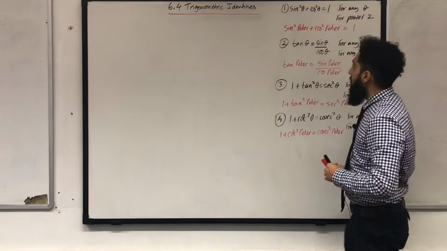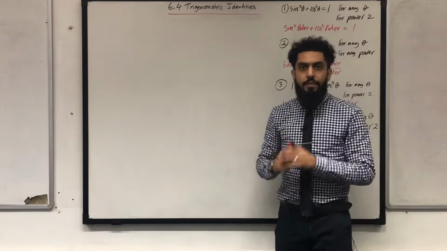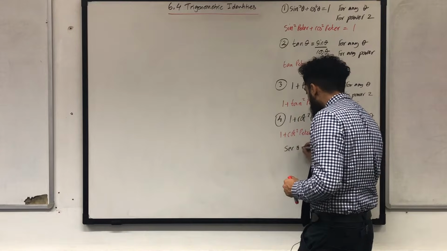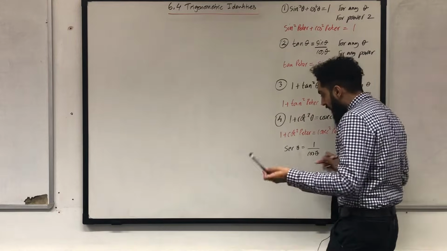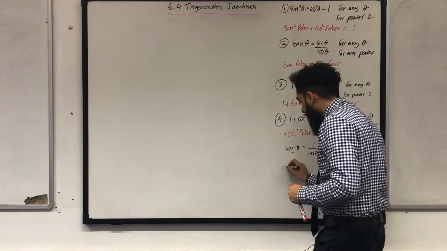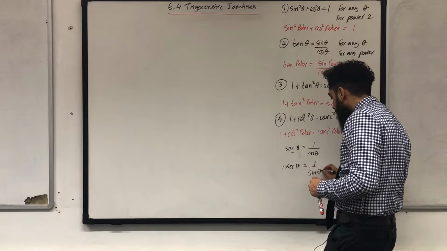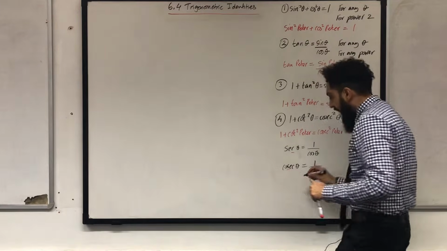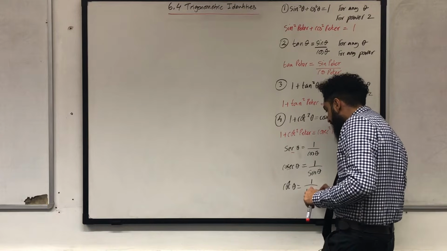What I'm going to add over here is sec theta, cosec theta, and cot theta. So sec theta, we've covered this before, is equal to 1 over cos theta. You look at the third letter, it is C, so 1 over cos. In the same way, cosec theta is equal to 1 over sine theta. The third letter is S. We also had that cot theta is equal 1 over tan theta.